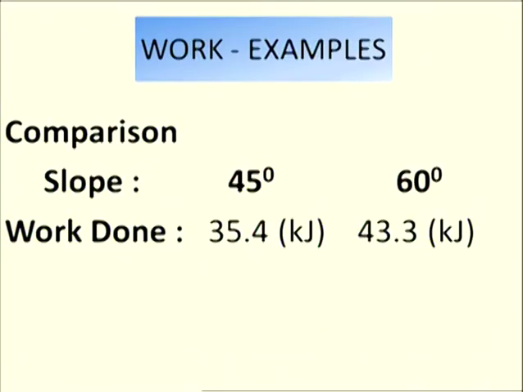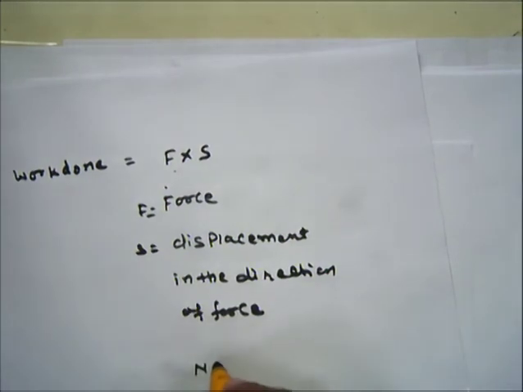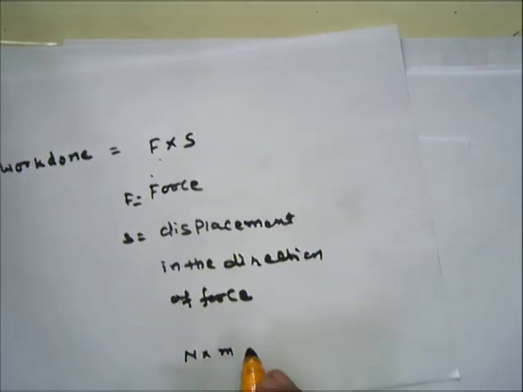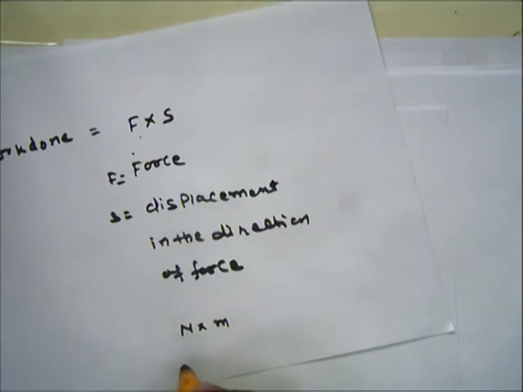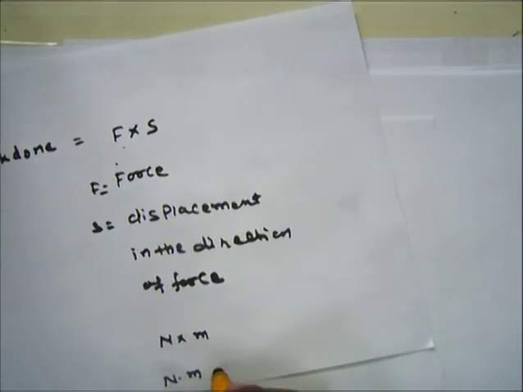As the unit of F is Newton and the unit of S is meter, the unit of work done is Newton into meter. So 1 Newton meter is nothing but 1 joule.